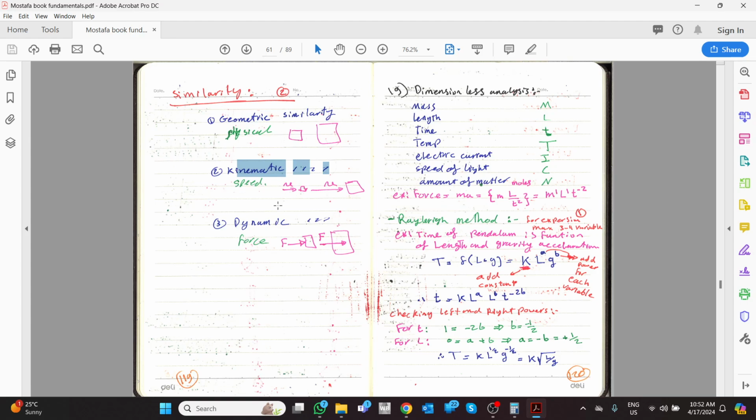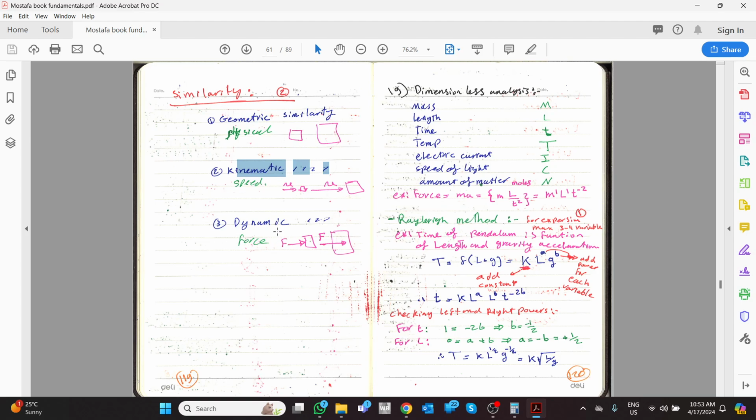For example, if there is wind, and I'm scaling from big to small, the speed should be proportional to the new scale. And also, if there is a force that I am measuring, for example, I put a spring here and measure a force, and put a spring here and measure the force.